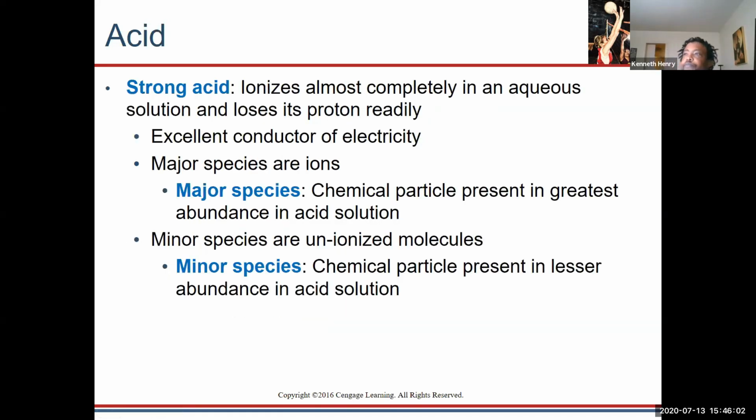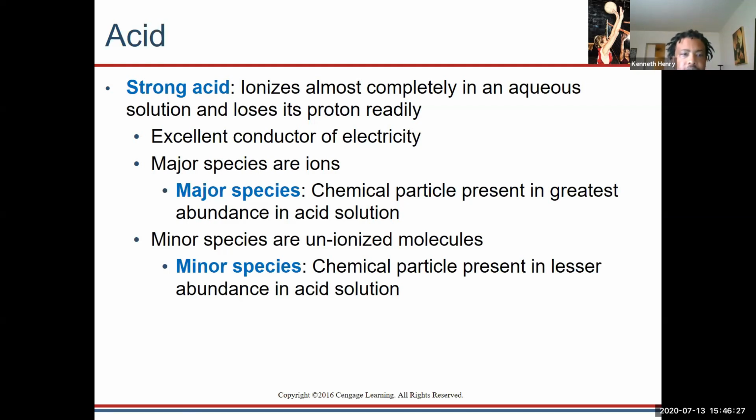Okay, so a strong acid basically is going to ionize into the ions, right? So you're going to have that proton, that H plus is going to be free, right? It's going to be humping water's leg, but it's going to be free. It's still going to be that H plus. And then the anion is going to be free to do what it needs to do. So that's going to make it really good at conducting electricity.